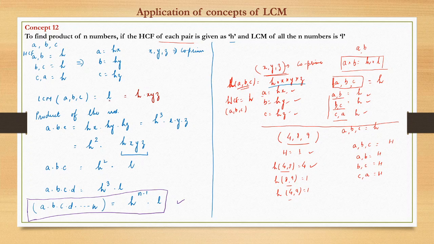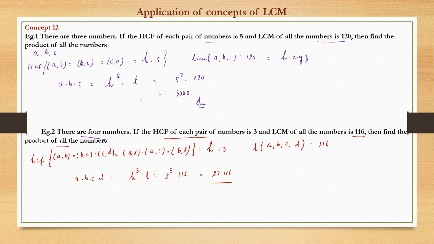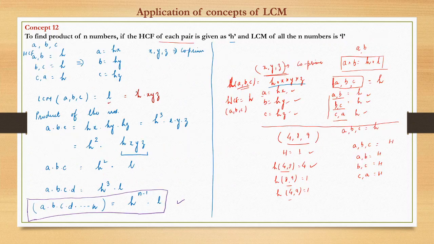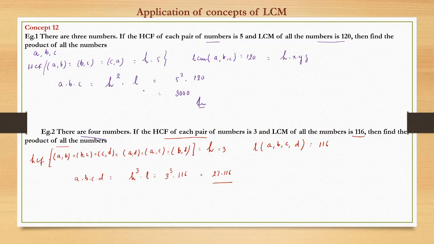So we can see here that LCM is always a multiple of HCF, pairwise HCF. And we know that since the pairwise HCF is same as the overall HCF, we can say that the LCM would always be a multiple of HCF. So this we already know, I mean, we have seen in the previous session.